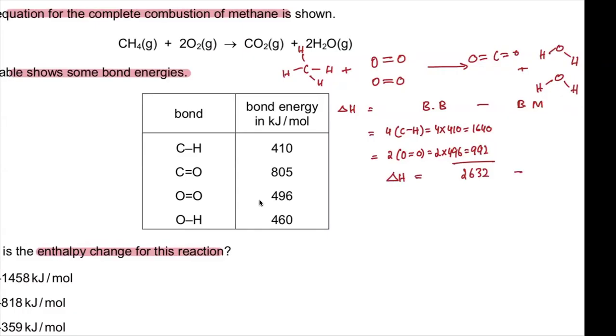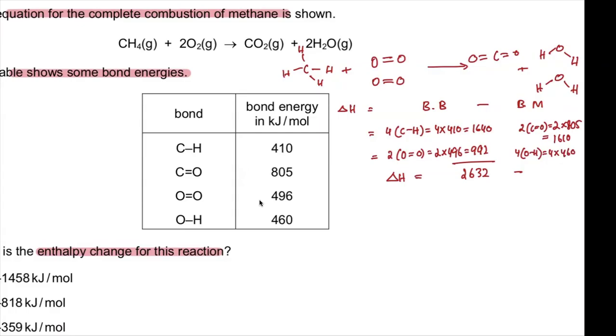Okay, if you see over here, the bonds formed are carbon oxygen twice, which is twice of 805, right? So twice of 805 is 1610. And 4 O-H bonds, which is 4 times 460.